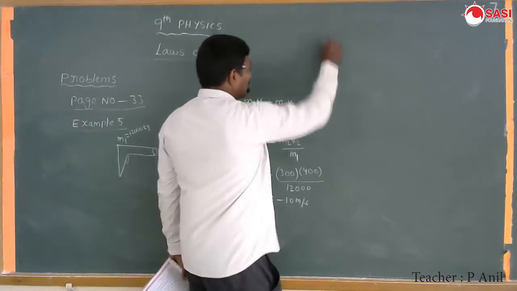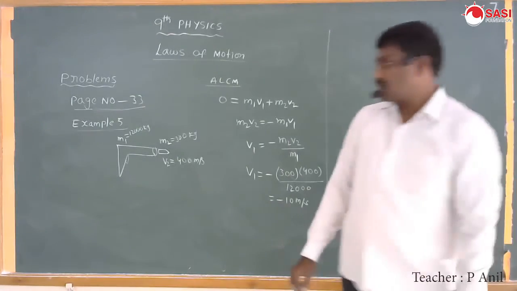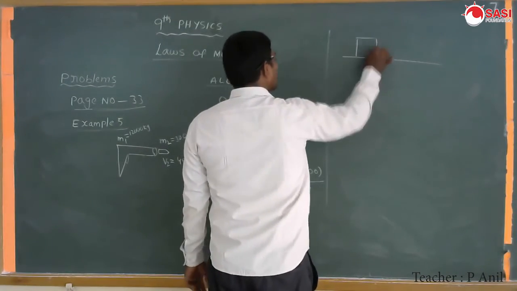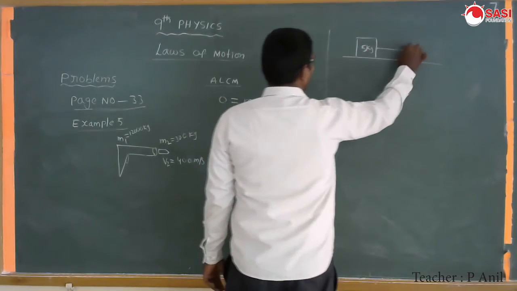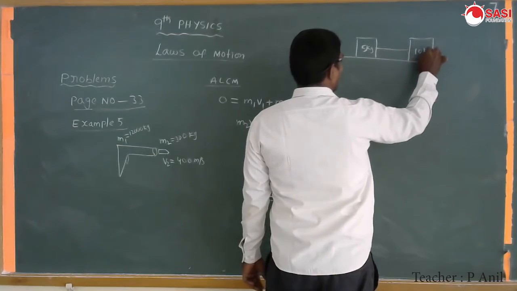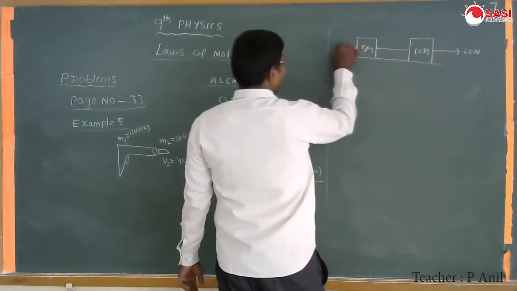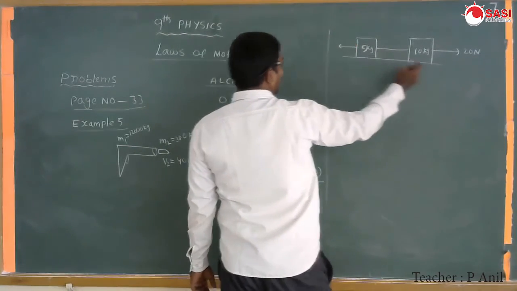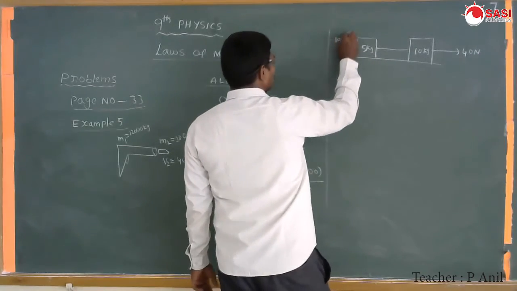Let us see another problem here. Suppose two blocks are present, one is 5 kg and the other is 10 kg. Here you can apply the force on this side 20 Newton, on this side 40 Newtons, and let us say on this side 10 Newtons.